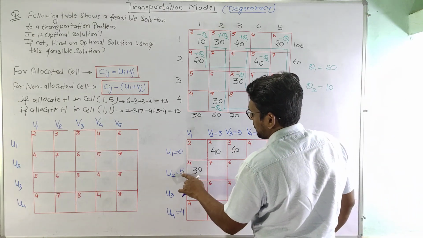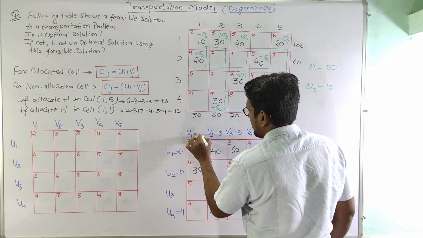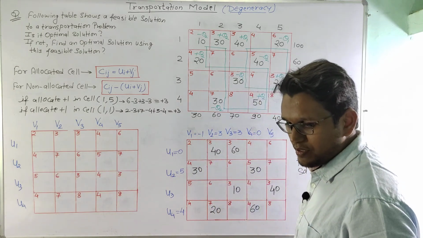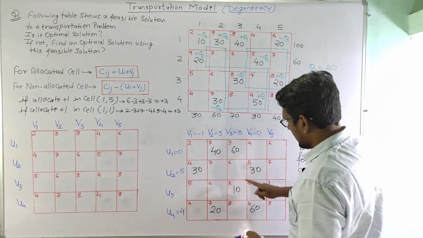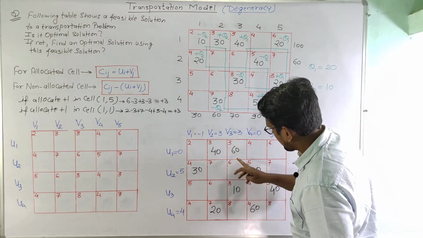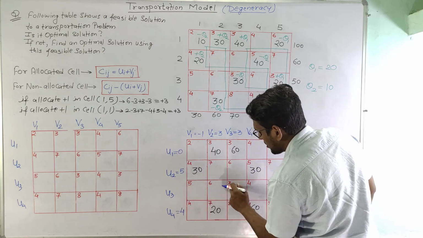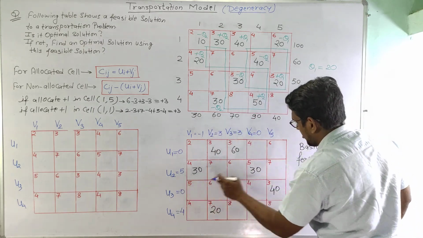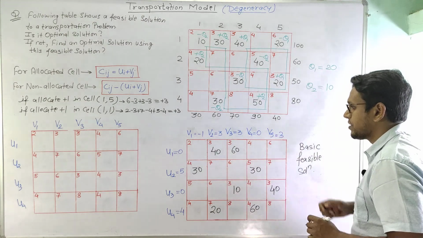And this is 5 plus what equals 4? This will be minus 1. Now the remaining one, 3 plus what equals 3? This will be 0, and 0 plus what equals 3, that means this is 3.